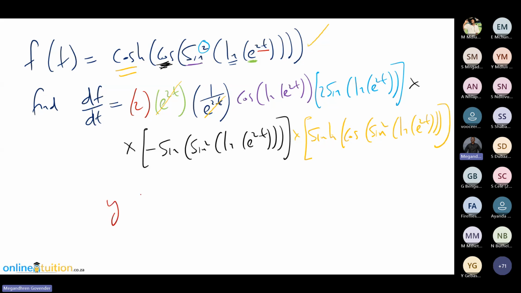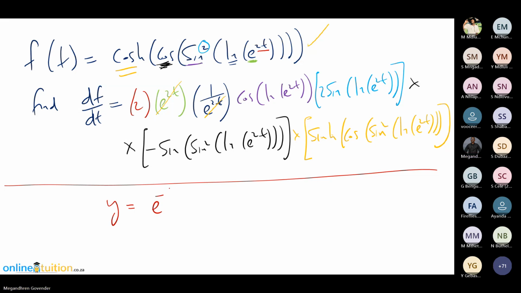Simple thing like y equals e to the minus ln t. Simple thing like this, right? What is the derivative of e to the minus ln t? So people struggle with this, but you could ask yourself, y prime, what is it?